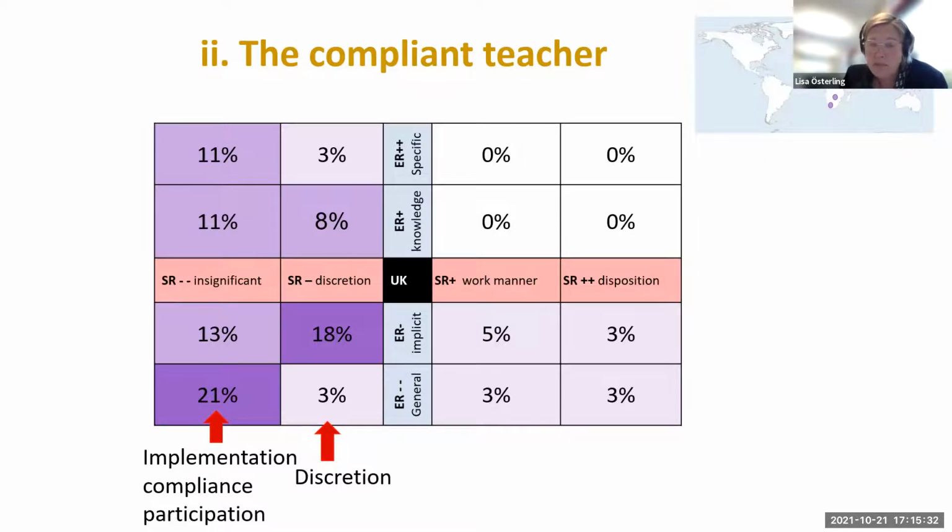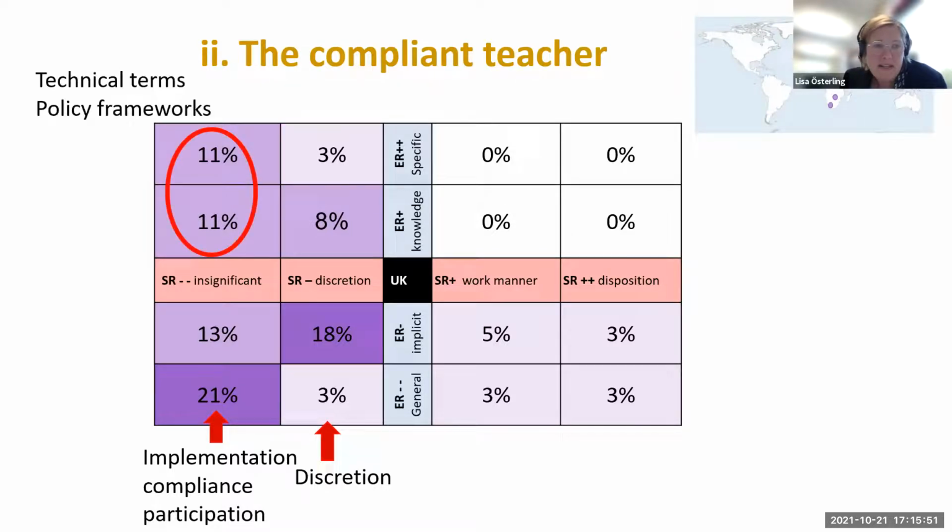Just be on time, for example. There was also some discretion among these teachers to make decisions themselves. But when you look at what it was about, when it came to the knowledge dimension, there were technical terms, but many of them came from policy frameworks.